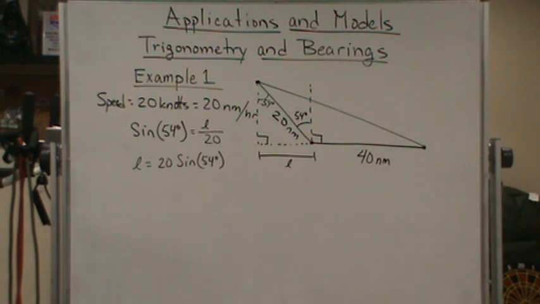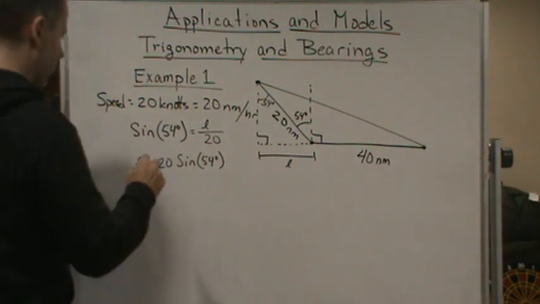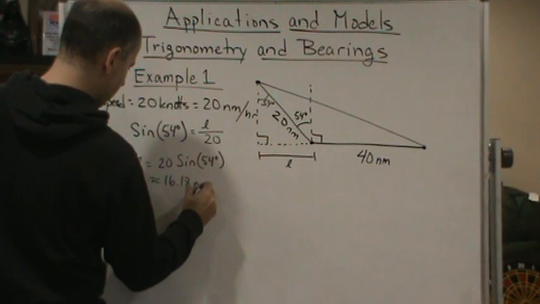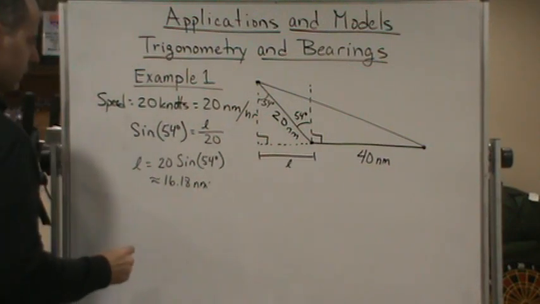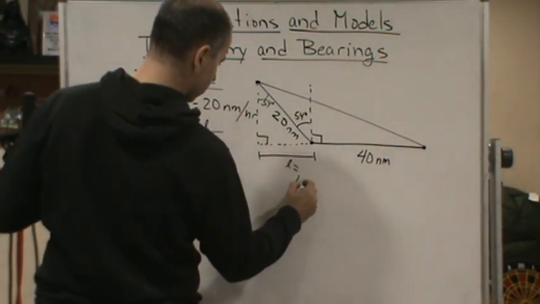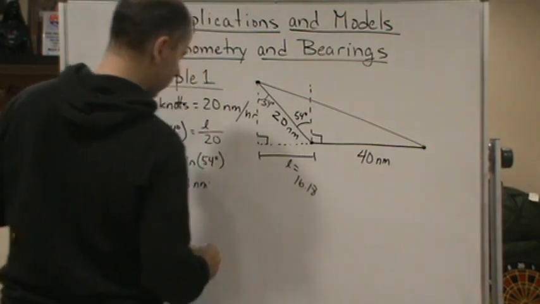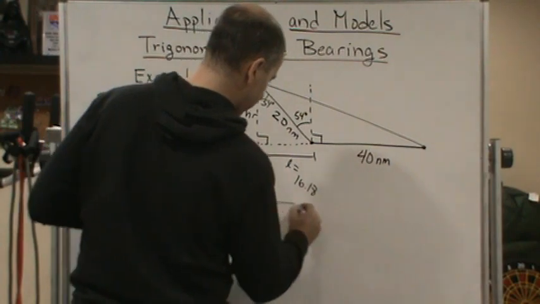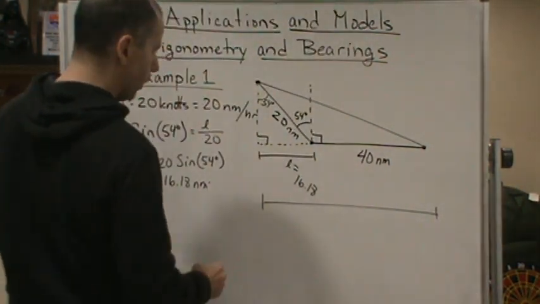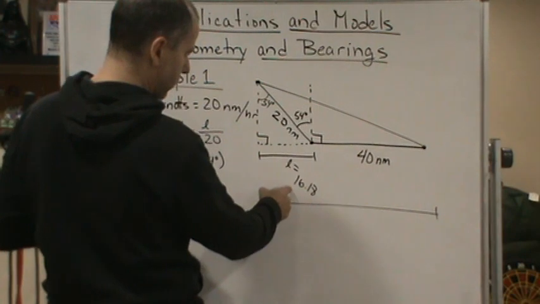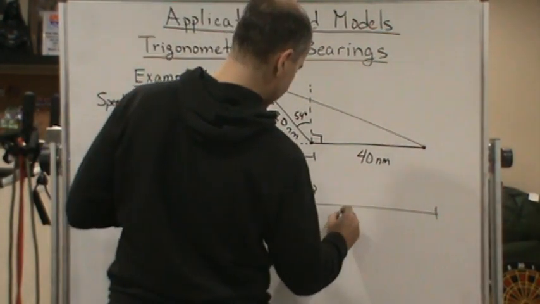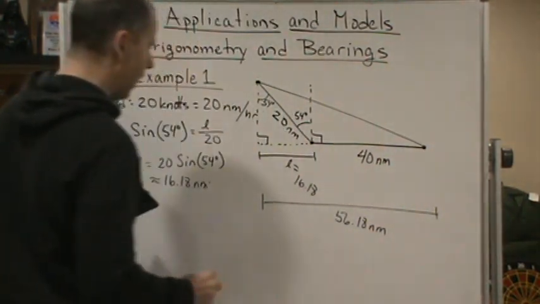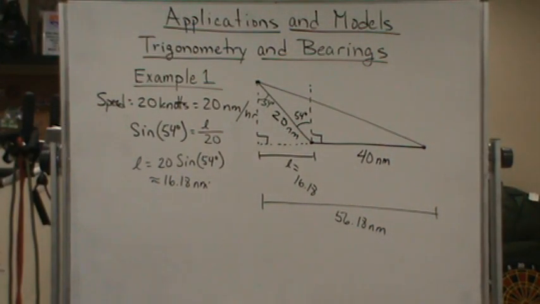So it's going to be 16.18, so approximately 16.18 nautical miles. Okay, so that means this length here is now going to be 16 plus 40, so that's going to be 56.18 nautical miles. Okay.